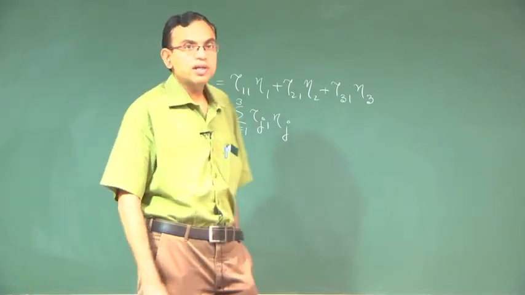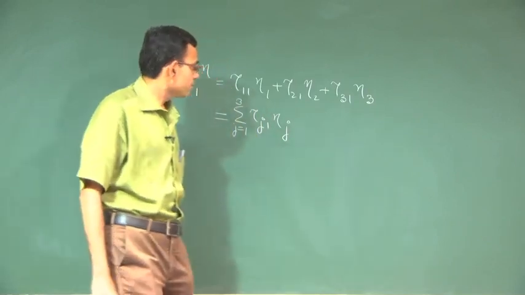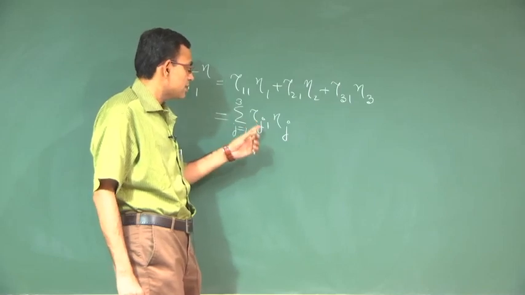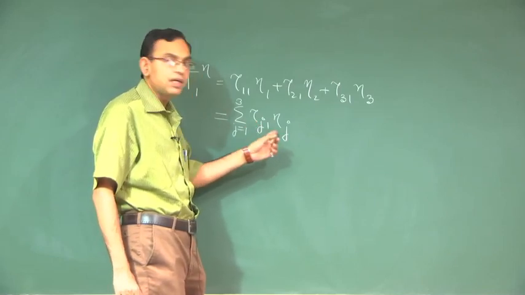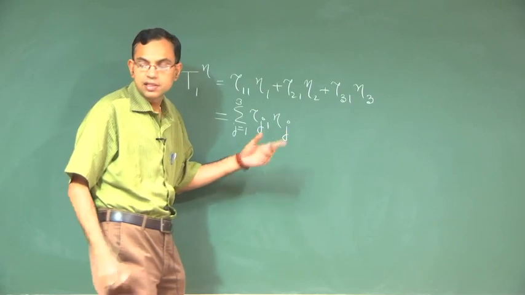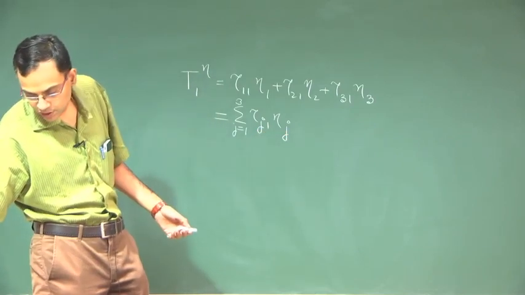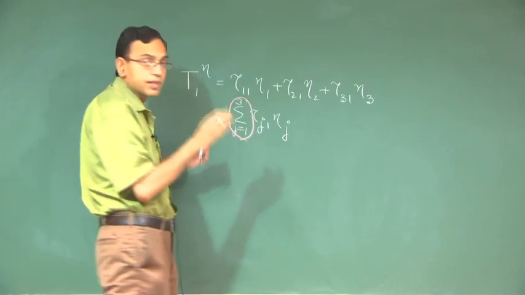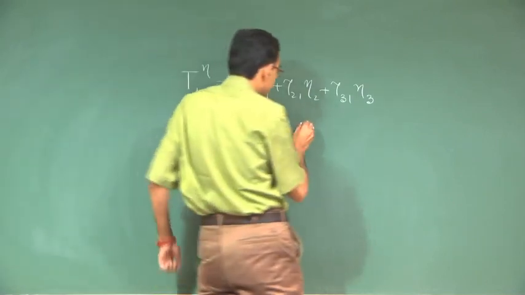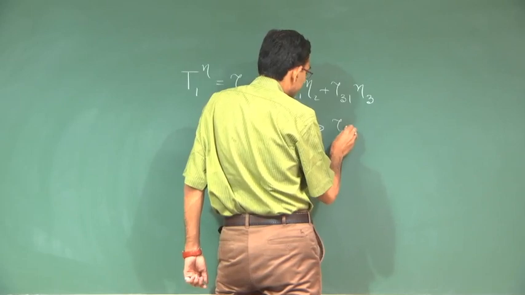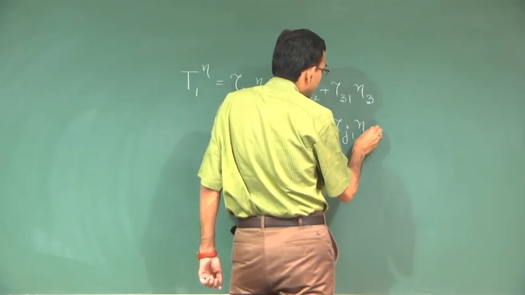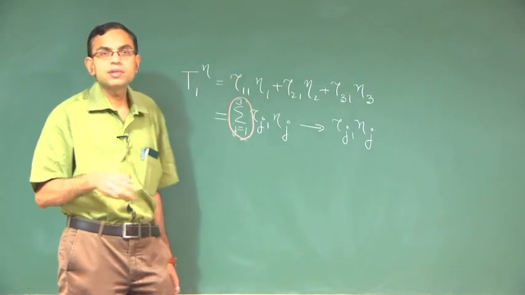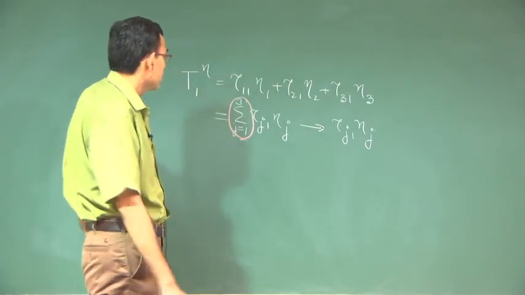Einstein introduced a notation where, in a scenario with such repeated indices, the summation sign is discarded just for convenience in writing. So, this remains invisible, and this is written simply as such. The whole understanding is that wherever there is a repeated index, there is an invisible summation over that.